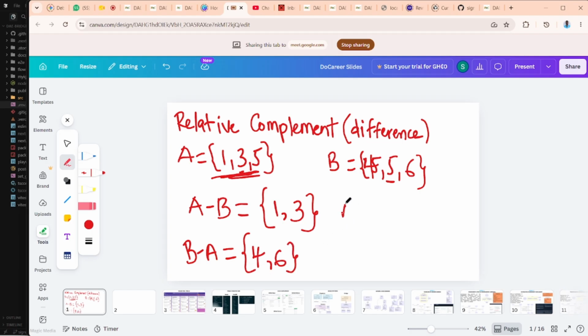So you can see that A minus B is not the same as B minus A. These are just basic stuff. So in other words, if you do A minus B, you are trying to find solely A elements without anything that appeared in B.